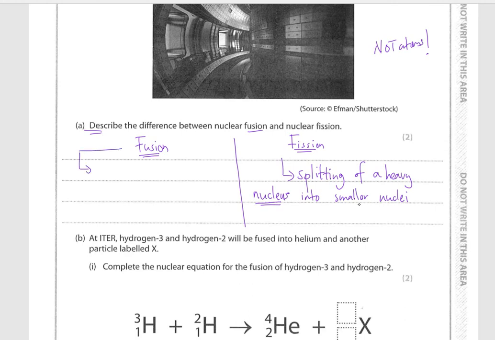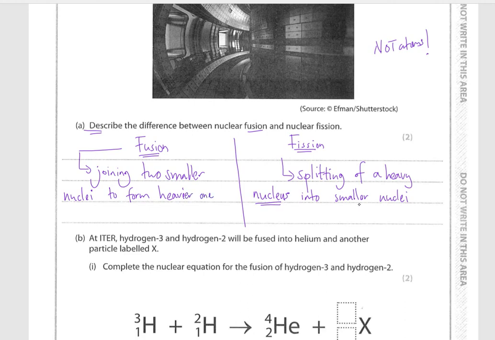So fusion, what are we doing? In fusion, we are joining two smaller nuclei. In this case, we're joining hydrogen nuclei together to form a heavier one.